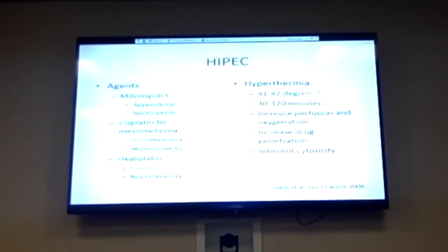The hyperthermia is generally 41 to 42 degrees, and one of the things we're looking at is the timing of it, because there's a whole range of times that can be done, from 30 minutes to 120 minutes or more. The thought is that the hyperthermia increases perfusion and oxygenation, which increases drug penetration, and that there's inherent cytotoxicity of the hyperthermia itself.